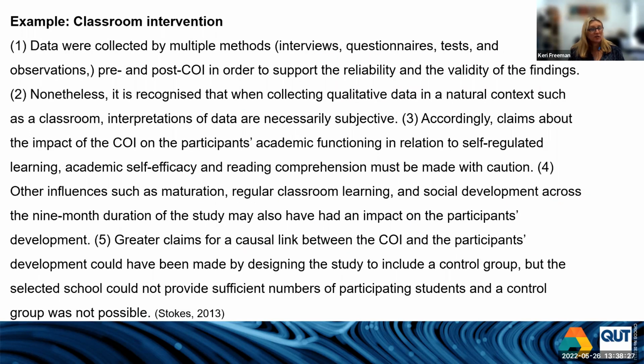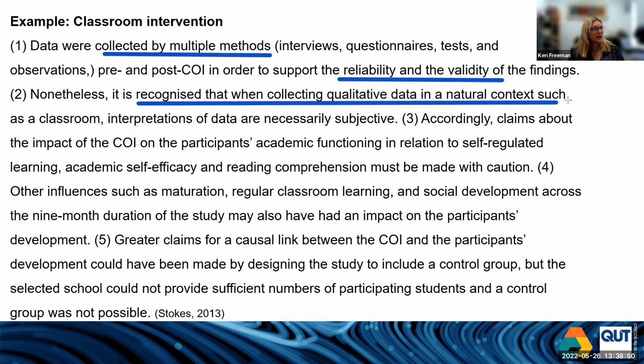Classroom intervention. So remember the teacher and the students. I'm going to keep going though, because we do have to move. So he's got multiple methods to help with the reliability and the validity. He's recognizing that with qualitative data, the interpretations are subjective.